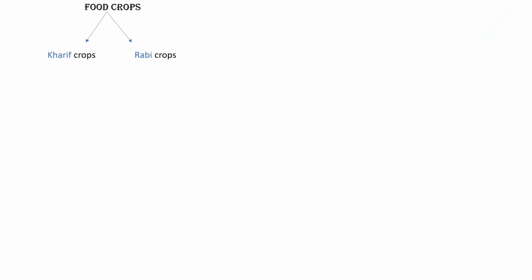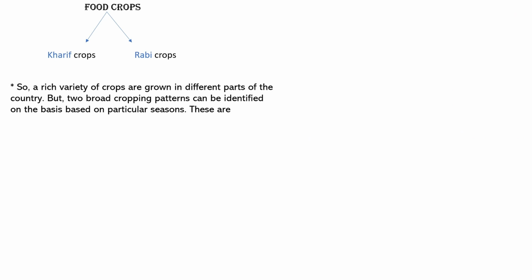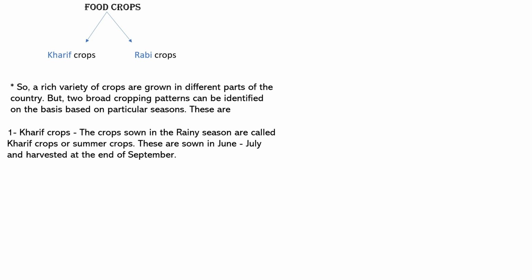Food crops. How many types of food crops are there? There are two types of food crops: kharif crops and rabi crops. A rich variety of crops are grown in different parts of the country, but two broad cropping patterns can be identified based on particular seasons.